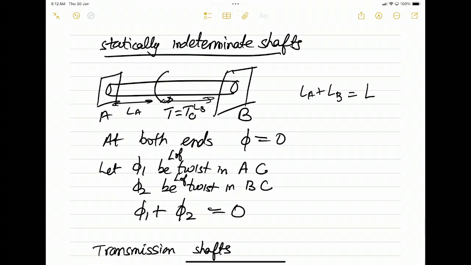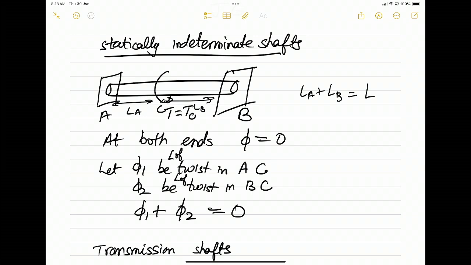Let's call the point where the torque is applied C. Now the twist on the left side is AC, and the twist on the right side is BC. When I say phi 1 plus phi 2, we have to be a bit careful in how we write it.